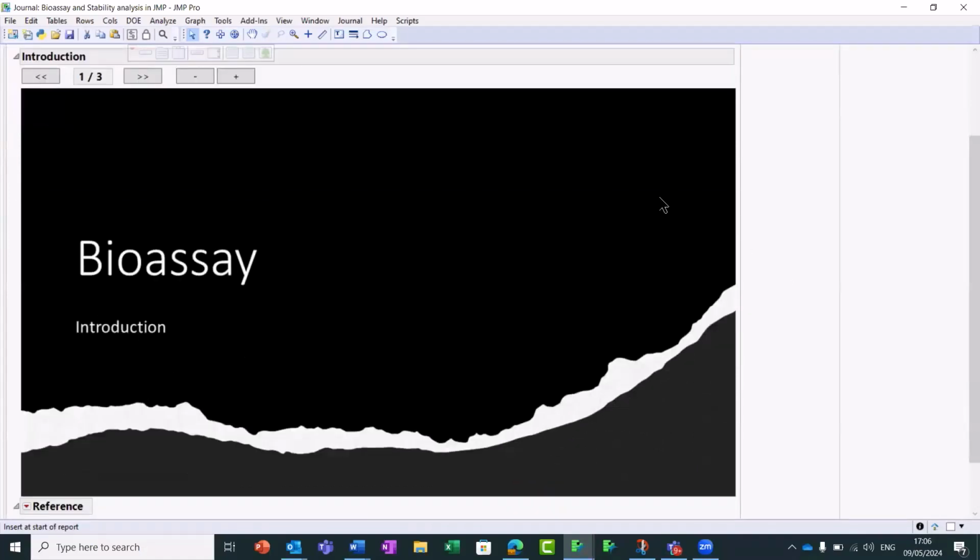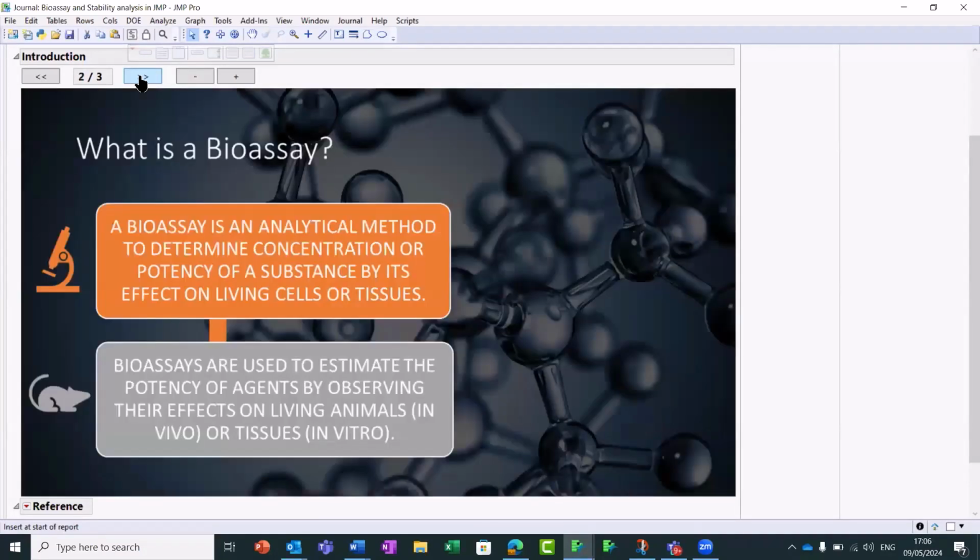So what are bioassays? Bioassays are tests in biology, in cells, in tissue, in vivo or in vitro. The main idea is to find the potency of substances. So how do they react with ligands? Are they the same as standard references?